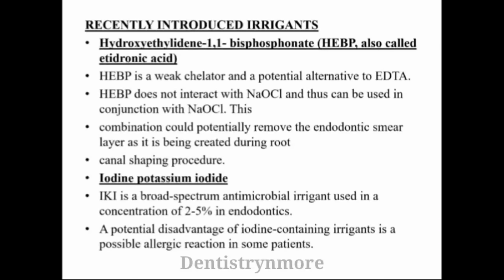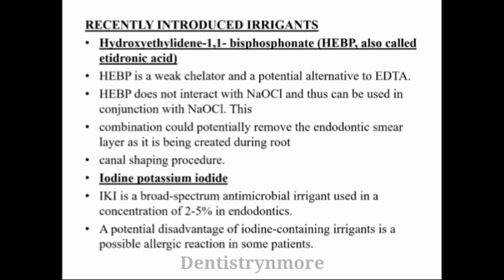The recently introduced irrigants are, first, HEBP, hydroxyethylidene 1,1-bisphosphonate. It is a weak chelator and a potential alternative to EDTA, and it does not interact with sodium hypochlorite, so it can be used in conjunction with it.